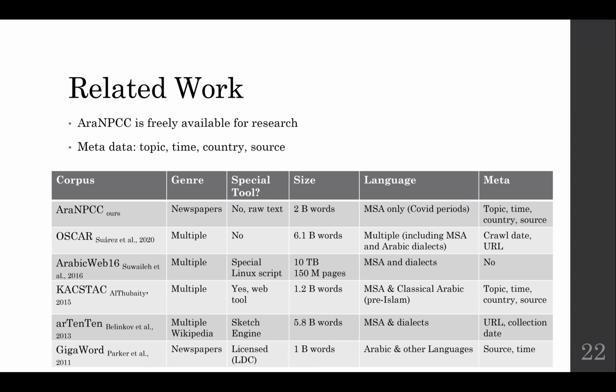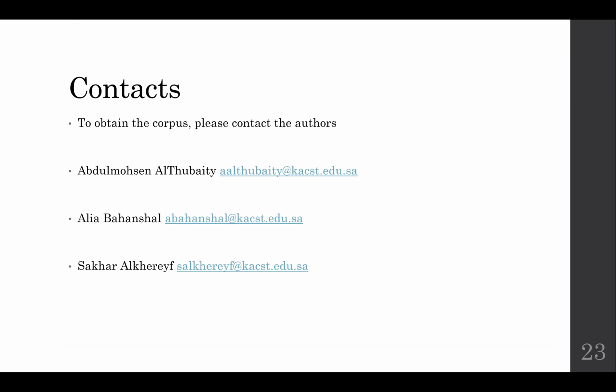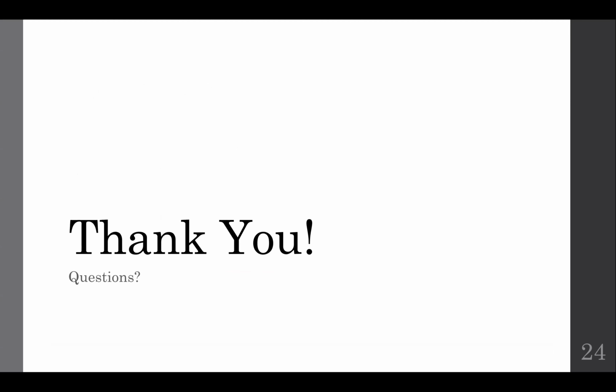ARA1010 is also another large dataset. It covers both MSA and dialects. Gigaword is also another corpus, which is also from newspapers. However, it's licensed, unlike our work, which will be freely available. To obtain the corpus, please feel free to contact us by email. And yeah, thank you for this.